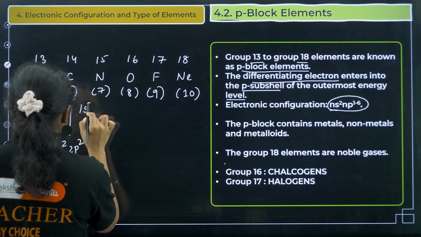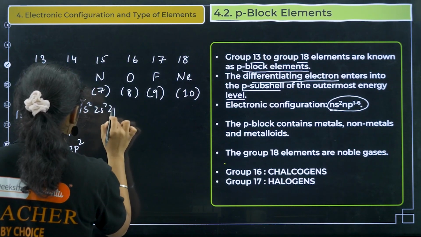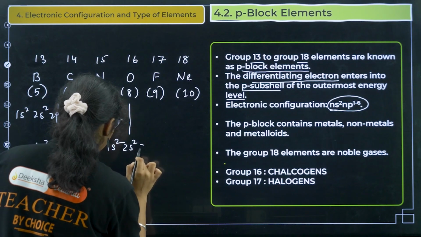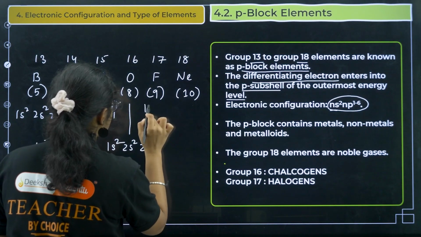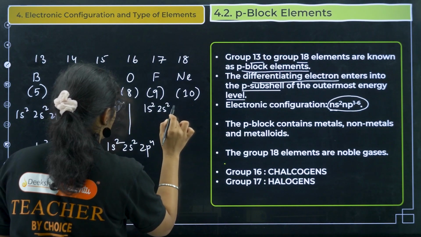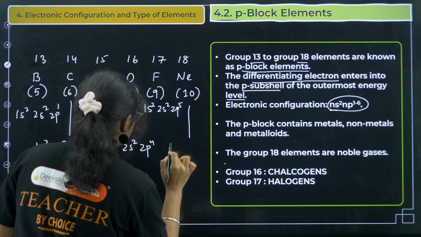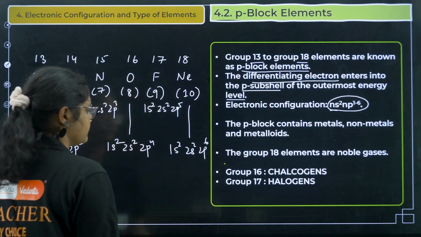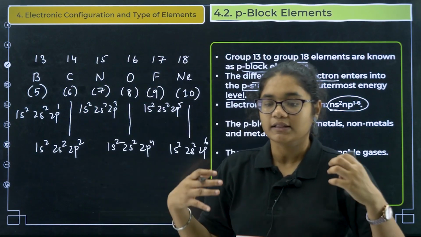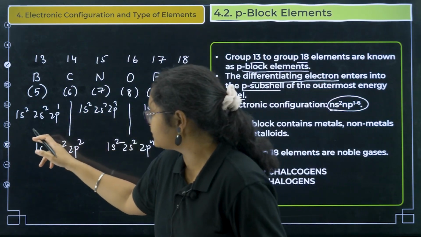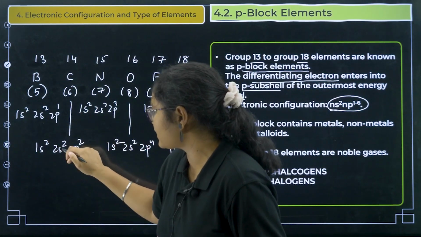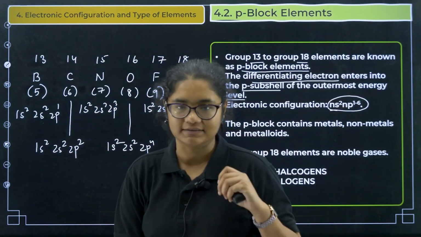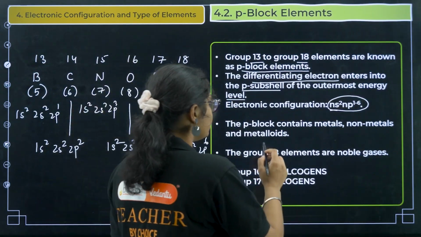Here it is 1s2, 2s2 and 2p3, and here 1s2, 2s2 and 2p4. Here it is 1s2, 2s2 and 2p5, and here 1s2, 2s2 and 2p6. So here you can understand how the electronic configuration varies from ns2 np1, np2, np3, np4, np5 and np6. That is the first point here.